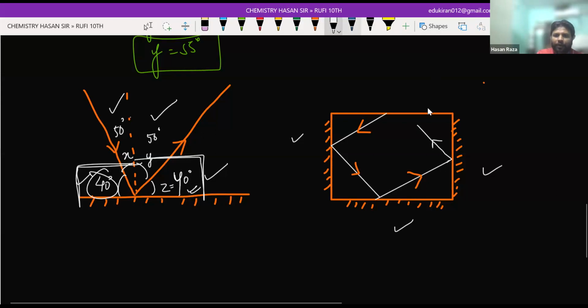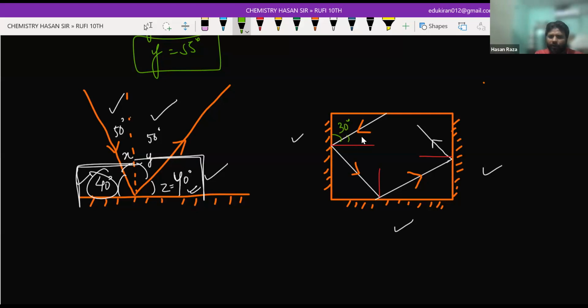Okay, now I'm going to draw the normals: this is your normal, this is your normal, this is your normal. Now what I'm going to do is very simple. I am going to give you this angle, which is, let's say, not 45 degrees, let's say this is your 30 degree.